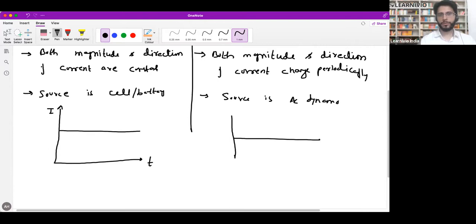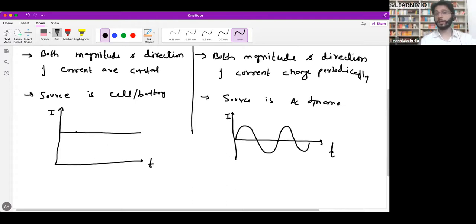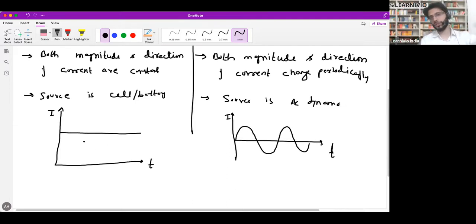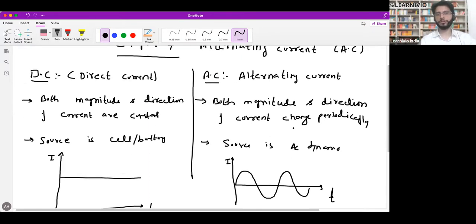If I draw the current versus time graph, from the graph you can see both the magnitude and direction are changing continuously. But for DC, both magnitude and direction of current are constant, so the I versus T graph is a straight line. This is a variable, changing continuously.